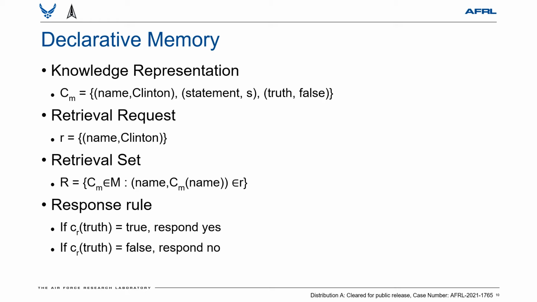If the retrieval request is for a chunk about Clinton, then R consists of all chunks for Clinton regardless of statement and truth value. The response rule is quite simple. Suppose chunk CR is retrieved. If CR contains a true statement, the response is yes, otherwise the response is no.